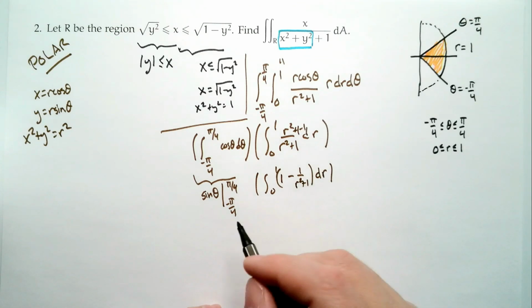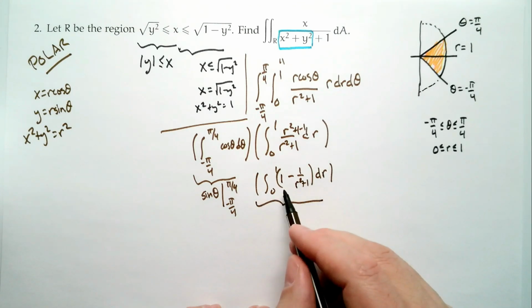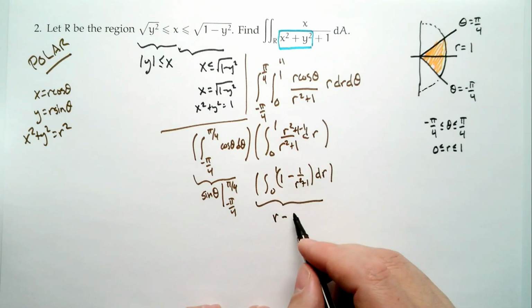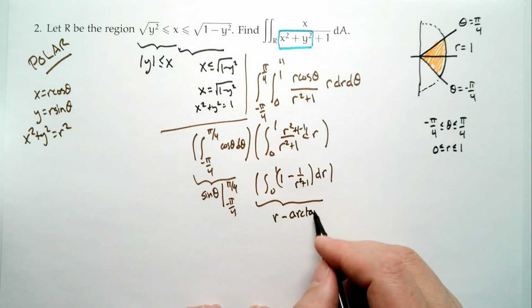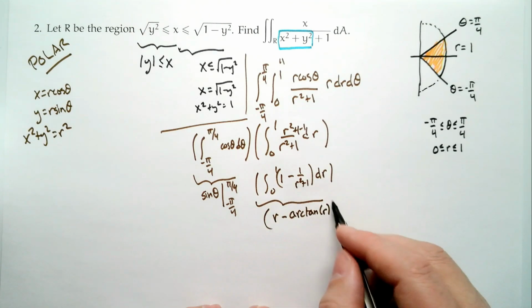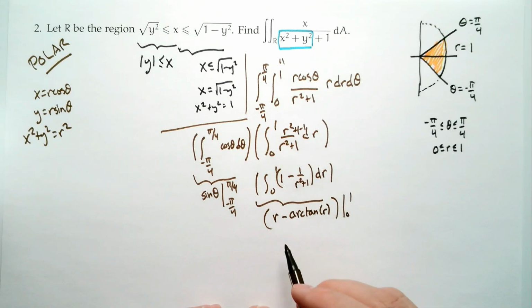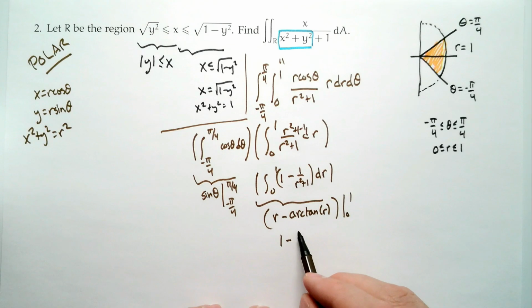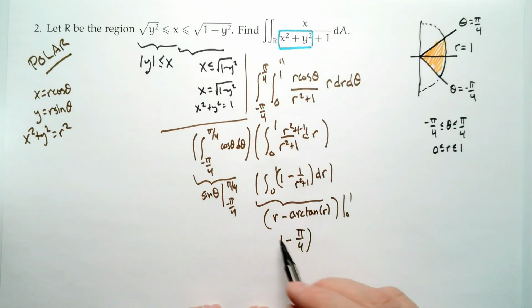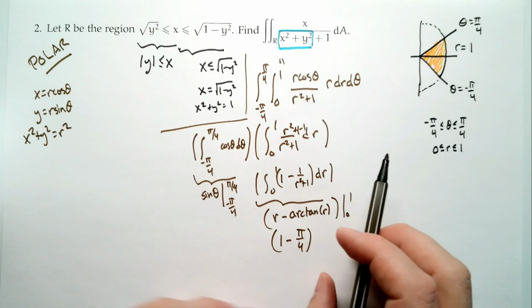dr. So this becomes r minus arctangent of r. Evaluate that from 0 to 1. If you plug in 1, you get 1 minus arctangent of 1, pi fourths. And when you plug in 0, you get 0. Come back here, we should evaluate this.